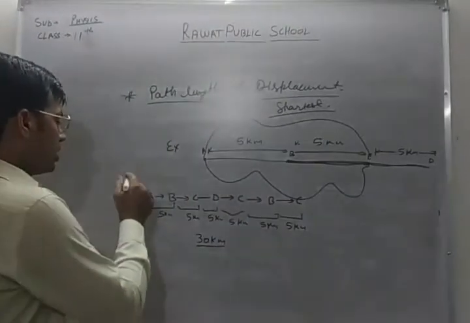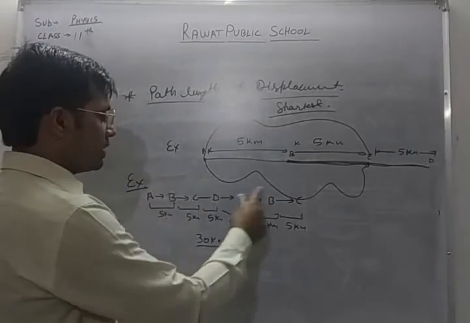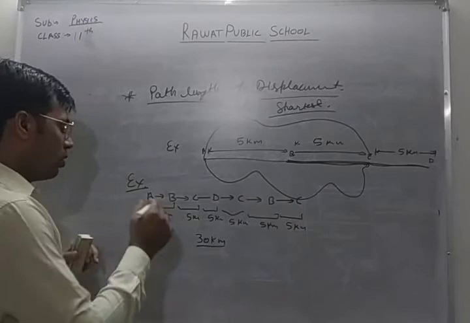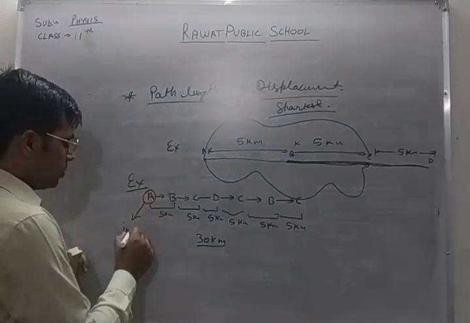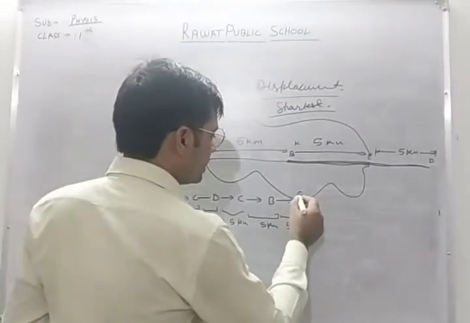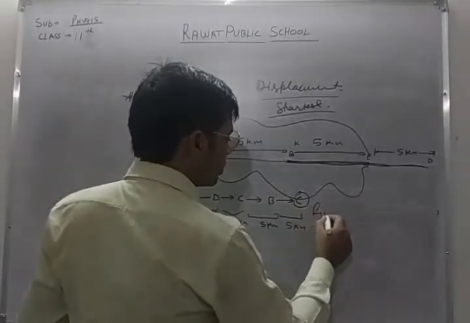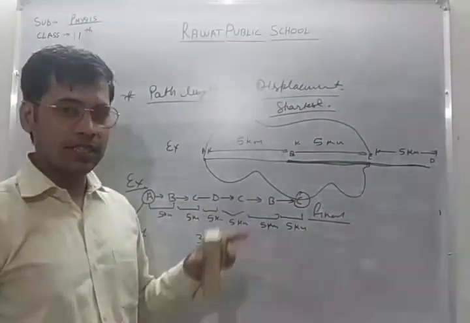So in this given example, let us say the object was traveling in this path. What is the initial point here? A. This is the initial point. And what is the final point? C. This is the final point. And what is the distance between A and C here?